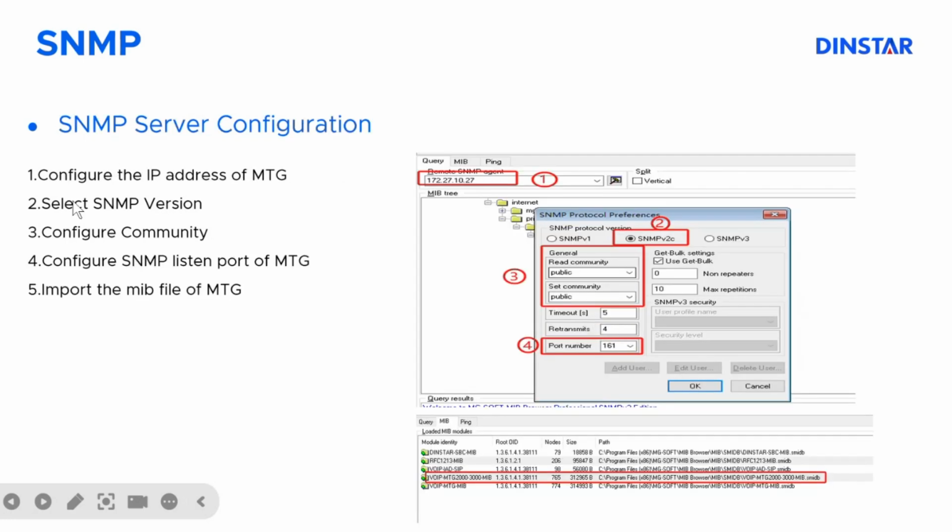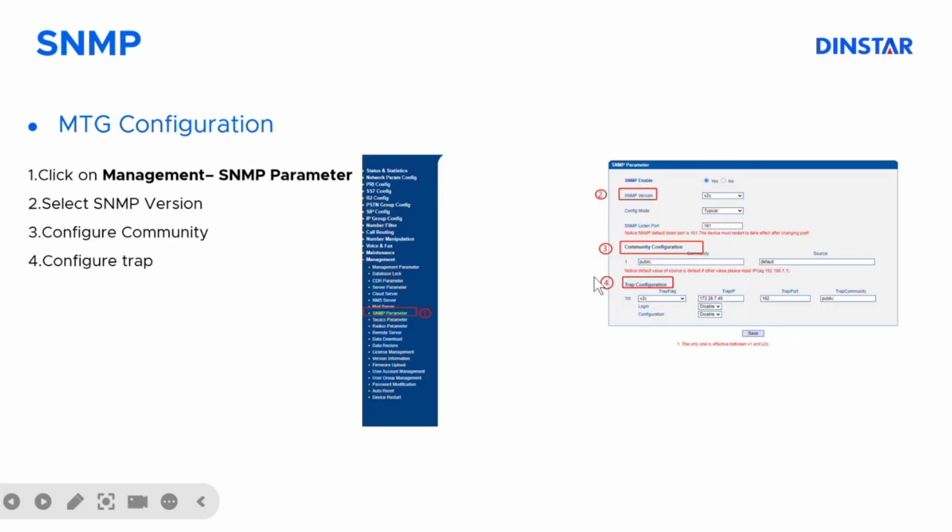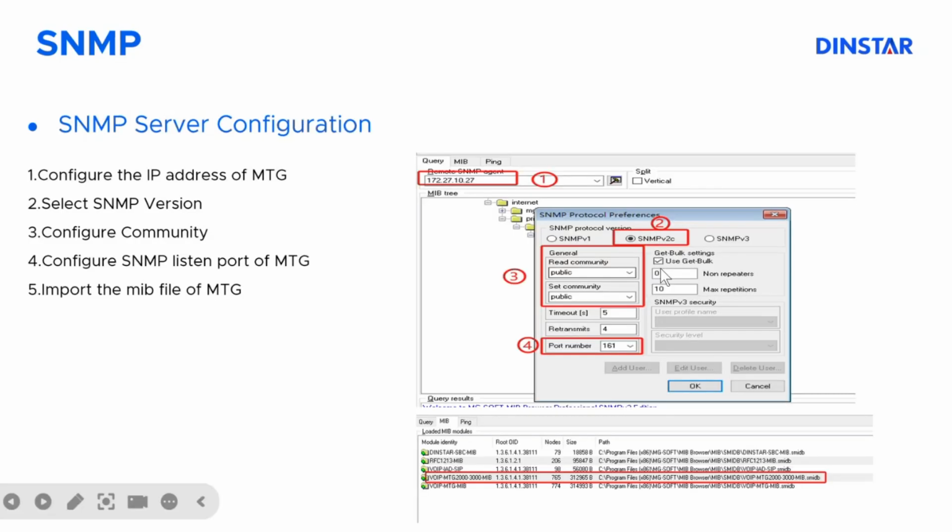So this is the configuration of an SNMP client. We need to configure the IP address of the MTG, select the SNMP version, and also configure the community, like the community we just set in here.